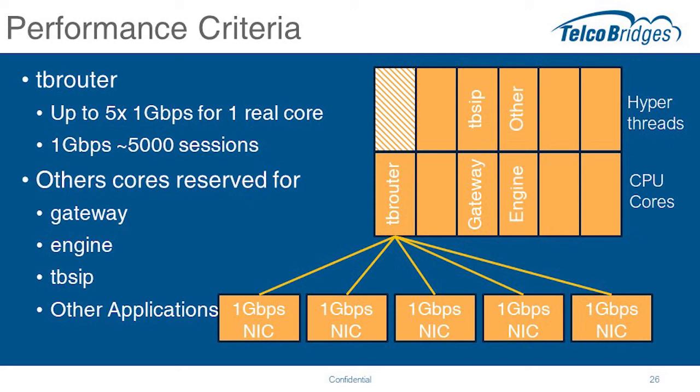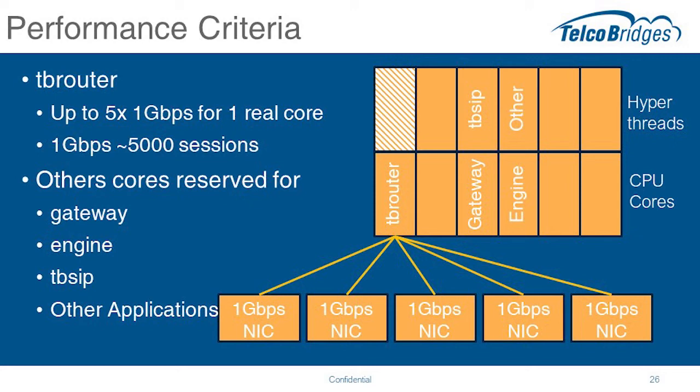But when you go on any platform, VMware, KVM, stuff like that, it will say a vCPU. This is one vCPU, this is one vCPU. So it's actually going to take two parts of this CPU for TB router. And if you have up to 1 gigabit per second, they all can be attached to the same real core, but it's going to use up the hyperthread as well.